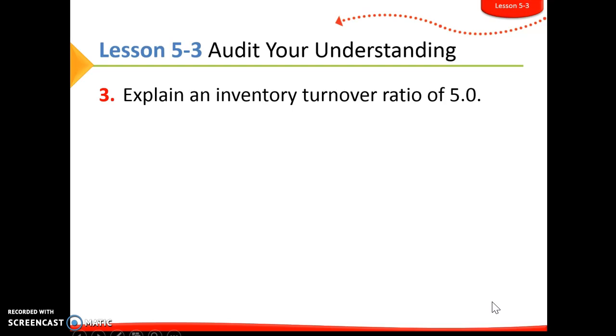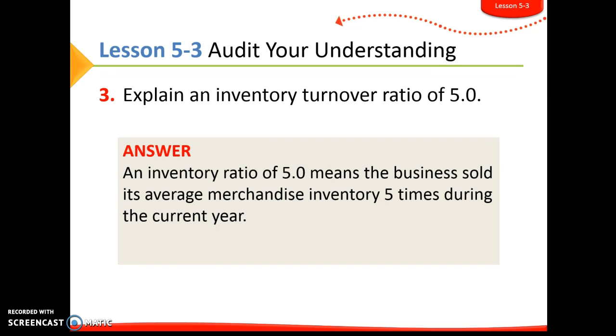Number 3, explain an inventory turnover ratio of 5.0. So what that's telling us, an inventory ratio of 5.0 means that our business sold its average merchandise inventory 5 times during that current year.